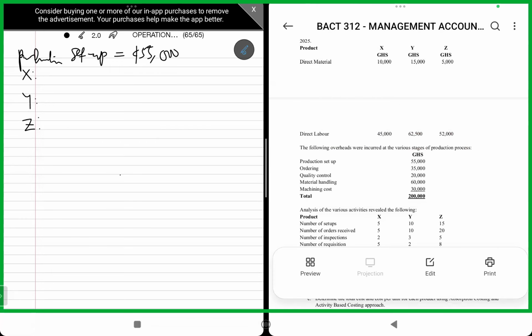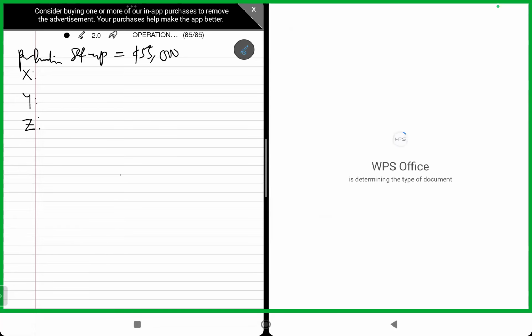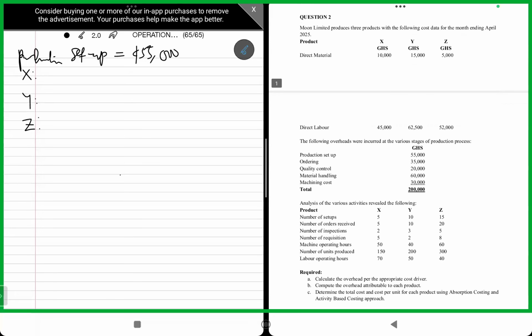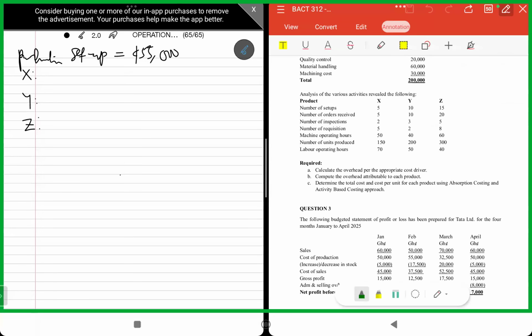The X, right? How many number of setups do we have for X? 5. I'm taking my time. So 5. And what is the total number of setups?